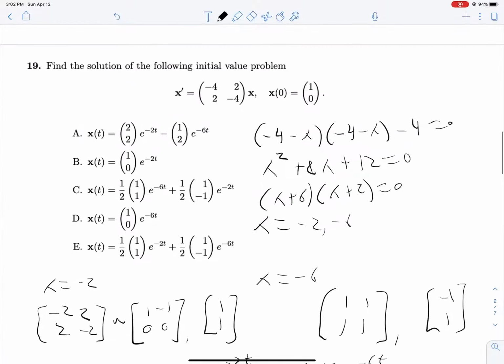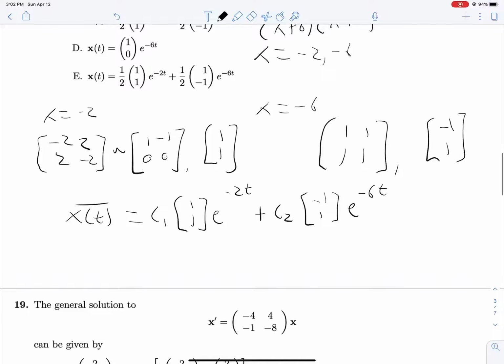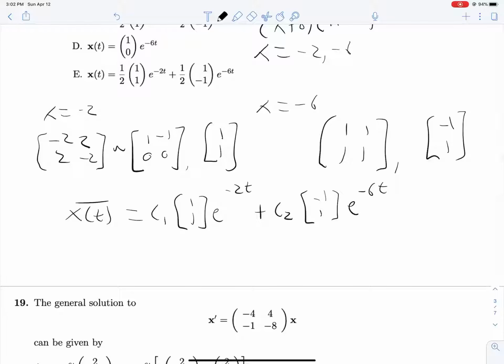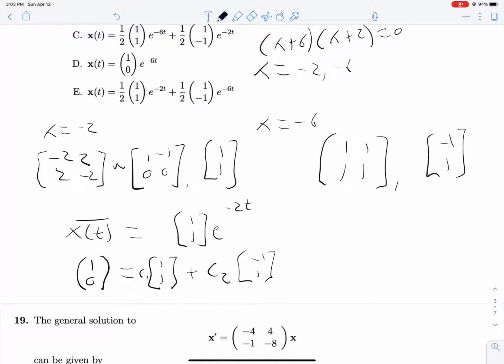And using our initial condition here that x at 0 is 1, 0, we can solve for c1 and c2. So 1, 0 is equal to c1 times 1, 1 plus c2 times negative 1, 1. So we can set this up as an augmented matrix, 1, 1, negative 1, 1 is equal to 1, 0.